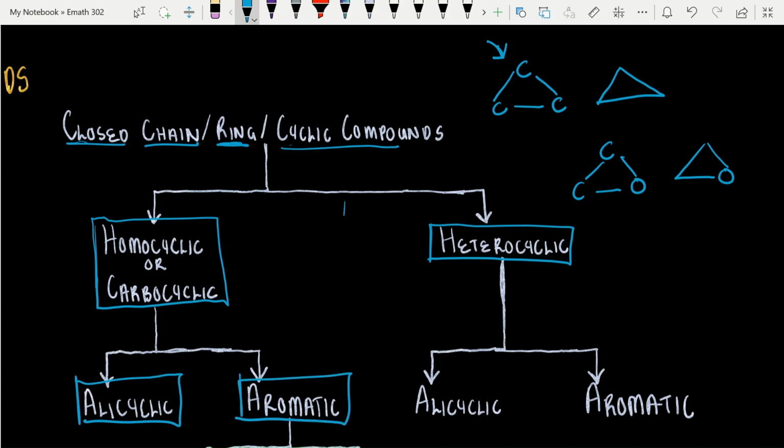Whether you are looking at homocyclic or heterocyclic, they always end at the comparison between alicyclic and aromatic. I'm going to show you in the next video how you know aromaticity. I'll be using examples on each stage, but I want you to have this picture in your head that at every stage they always end with aliphatic versus aromatic.